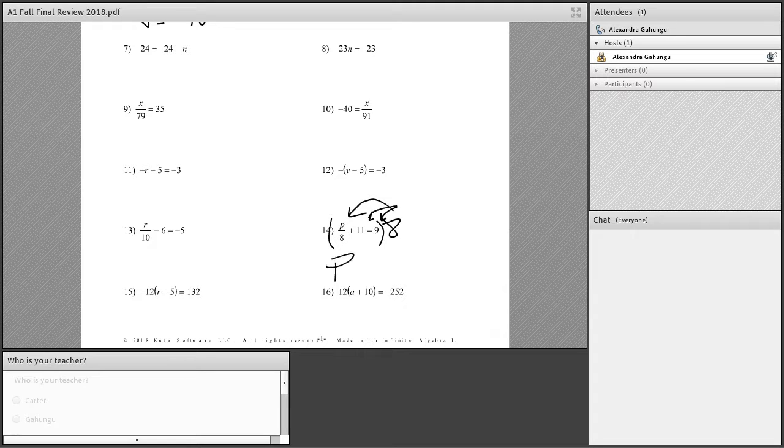So we get p plus 88 is equal to 72. And if you subtract 88 from both sides, we will get p is equal to negative.